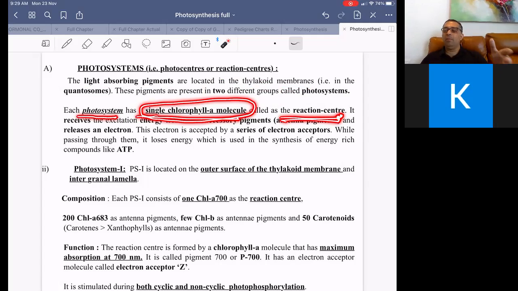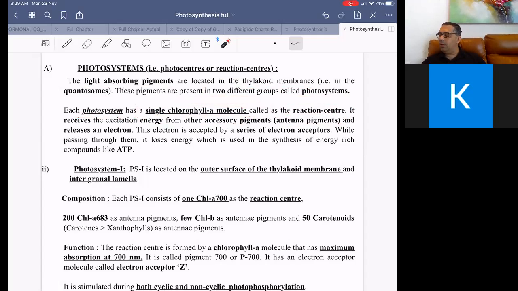And we will do that. But what is the logic of chlorophyll A expelling electron being called the reaction center? Chlorophyll A reaction center receives excitation energy from other accessory pigments, which are called antenna pigments. And antenna pigments, chlorophyll B, carotene, xanthophyll, pass energy, and chlorophyll A releases an electron.